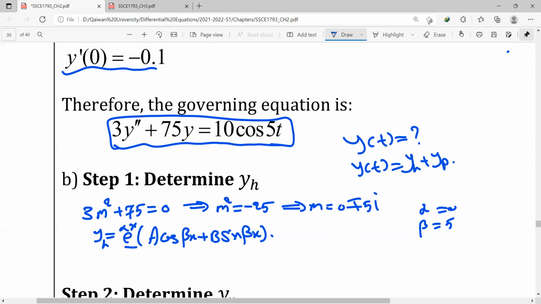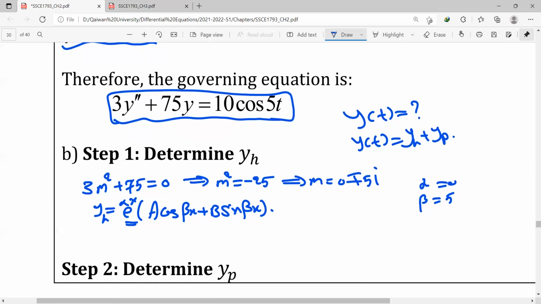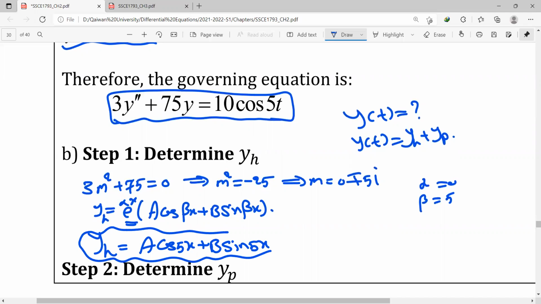Beta is 5, and when we replace alpha by 0, e to the power alpha x becomes 1. So the homogeneous solution is a cosine 5x plus b sine 5x. This is the homogeneous solution.